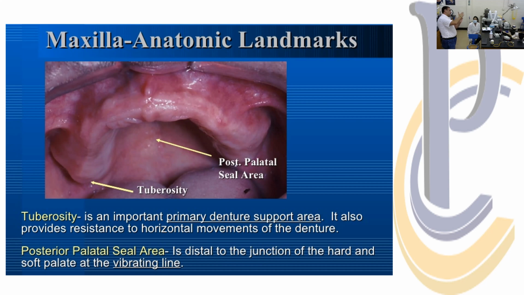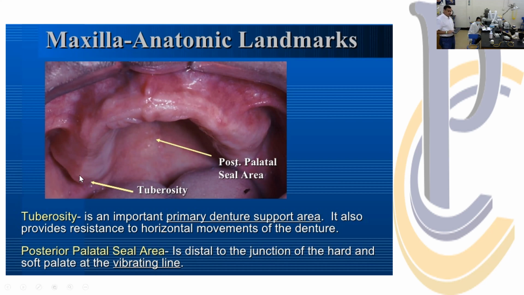The line between the hard palate and the soft palate they call the vibrating line, because it's vibrating. So the denture should extend only to the vibrating line. If it's extended onto the soft palate, every time they talk, it will fall. This line they call the vibrating line or palatal seal area. The denture should not overextend there.